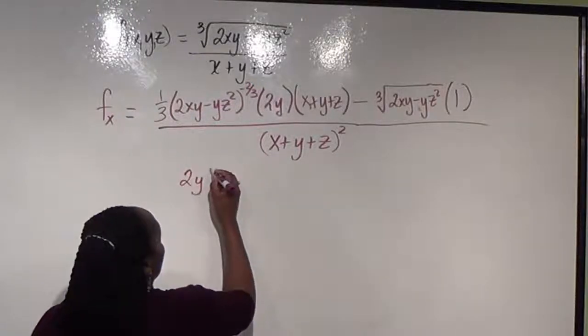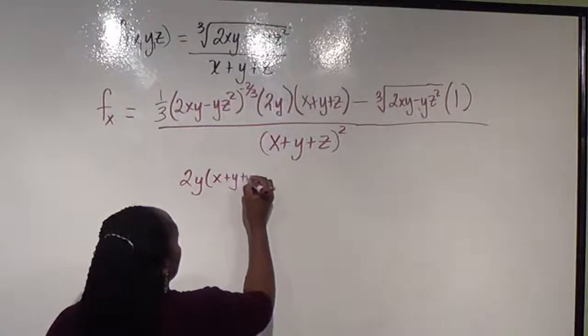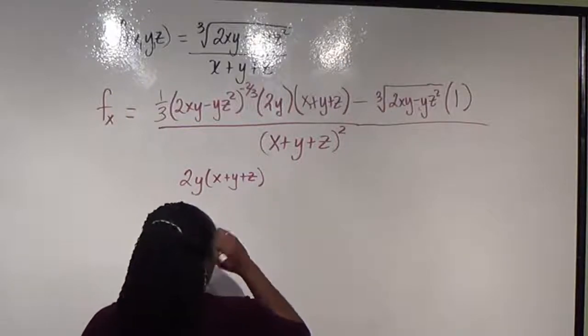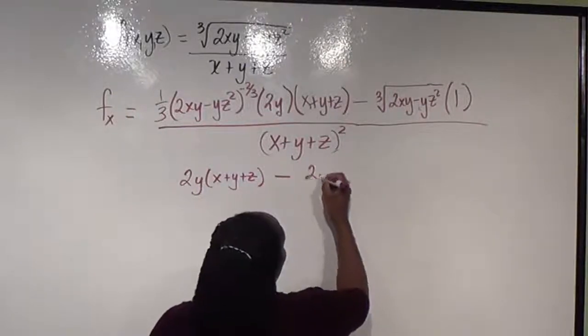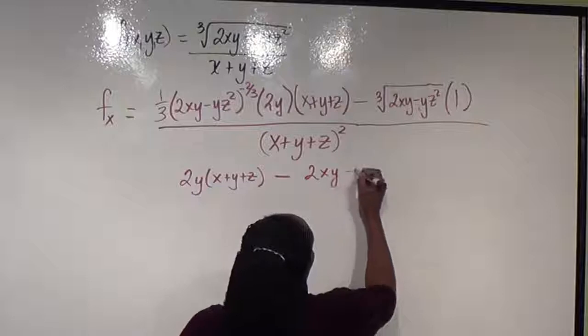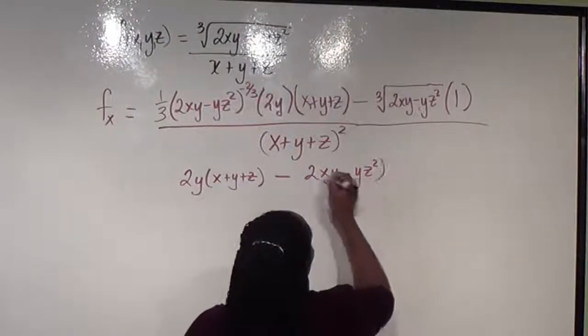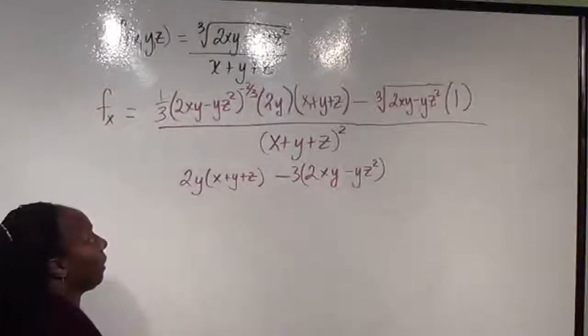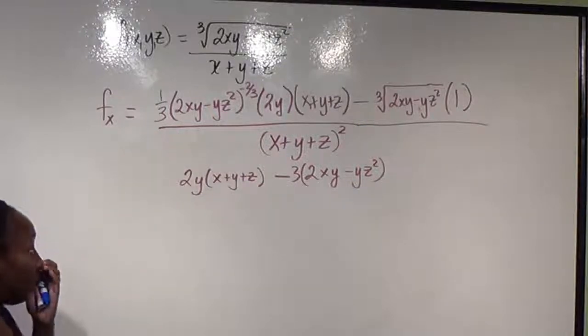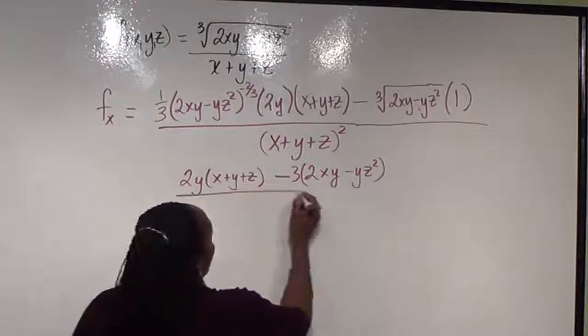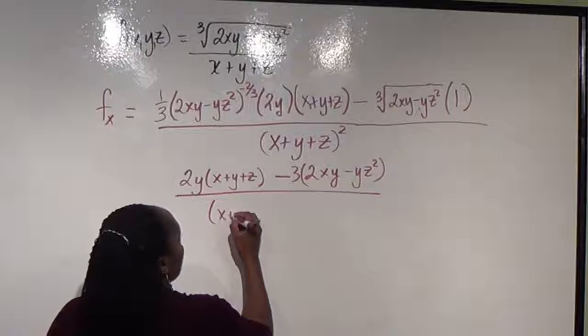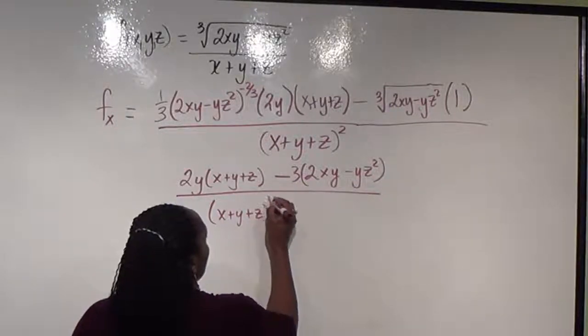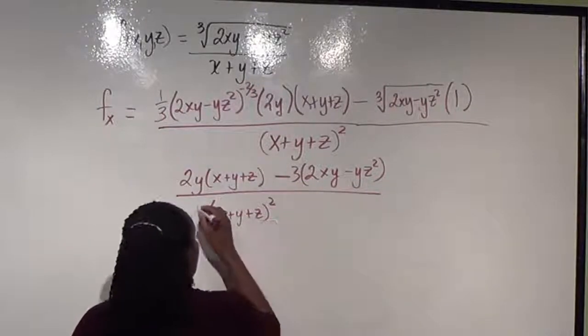So I'll get a 2y times x plus y plus z minus a 2xy minus yz squared multiplied by 3, so multiplying by that denominator that we just had. And then on the bottom, x plus y plus z quantity squared times this piece that we had here.